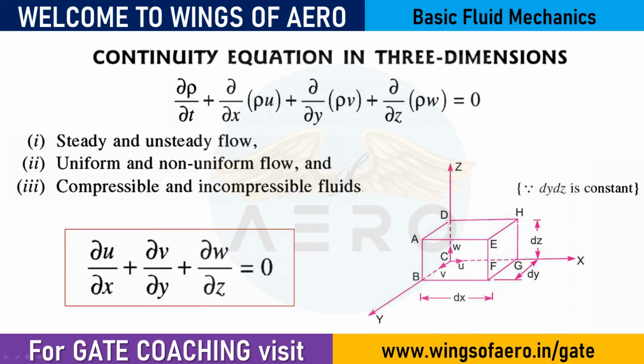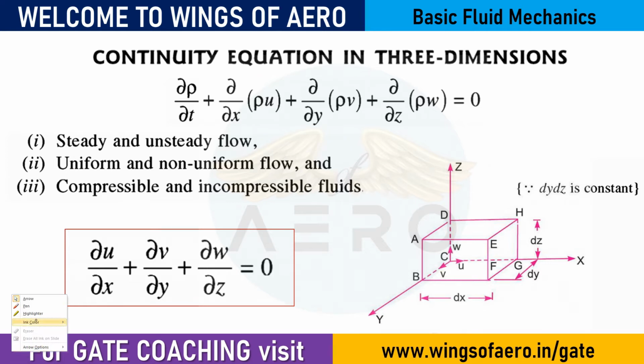Now if we consider the conditions in terms of steady, unsteady, uniform, non-uniform and compressible and incompressible fluid. So after implementing these three core important formulas, we can derive this formula.